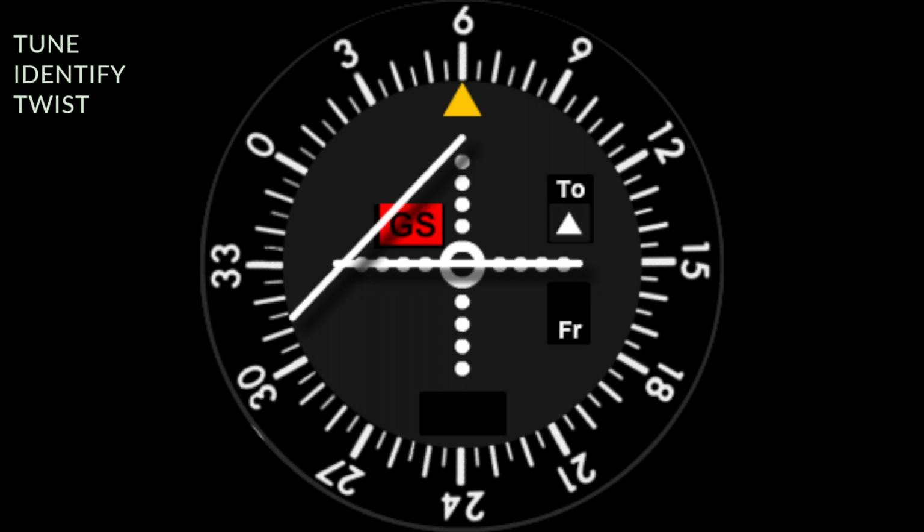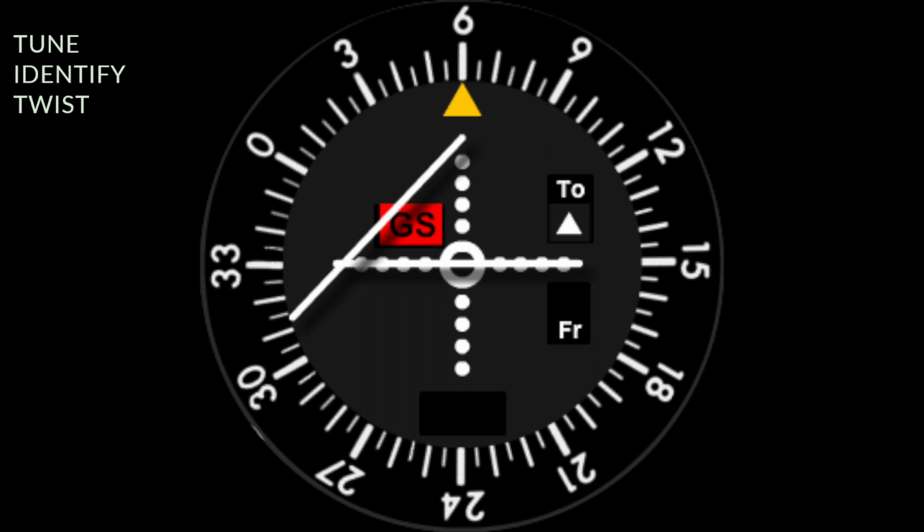So if we're going inbound on radial 240, our track is 060. Just add or subtract 180, whatever makes the math easier. And if we're going outbound on the radial 240, we would just put 240 on top because that's our desired course. Doesn't matter what you're doing, always, always, always twist to track.